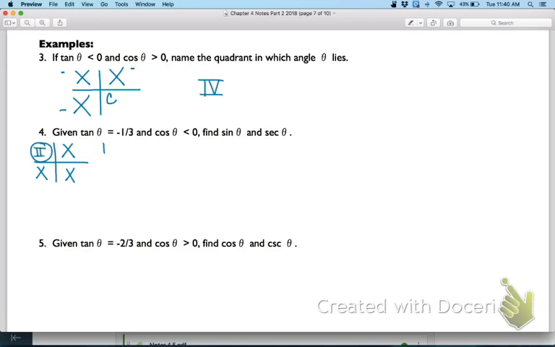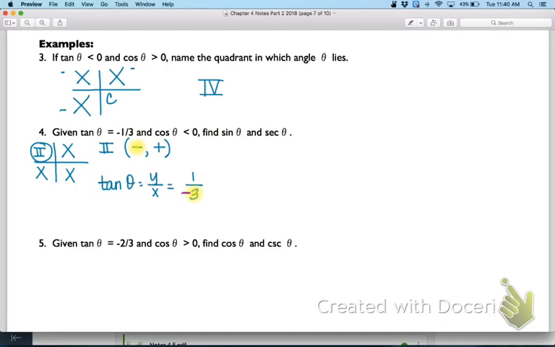Why does that matter? Because in quadrant 2, ordered pairs have a negative x and a positive y. Since we know that the ratio for tangent is y over x, and what we currently have is negative 1/3, we need to decide where to put the negative. Does it go on the 1 or does it go on the 3? And since in quadrant 2, the x values are negative, that means we will need to make the 3 where the negative goes.